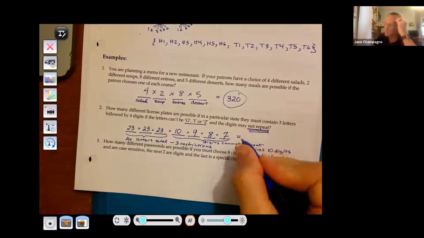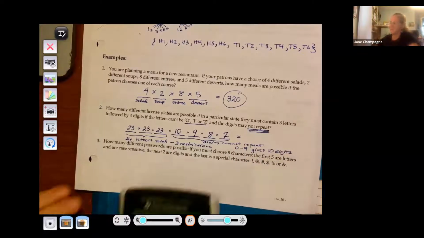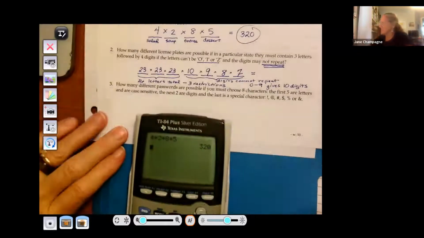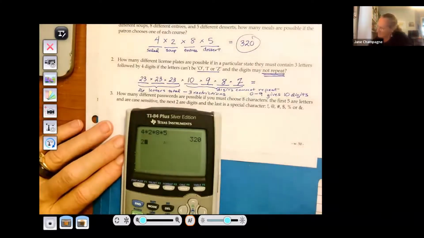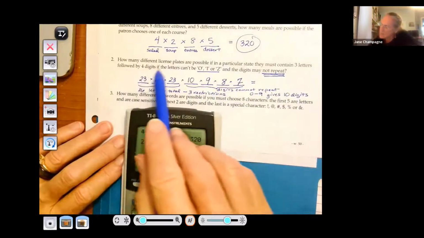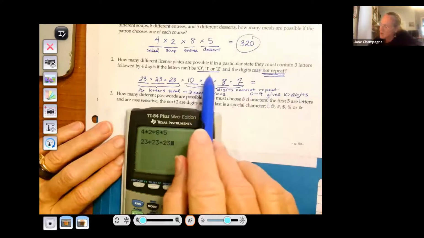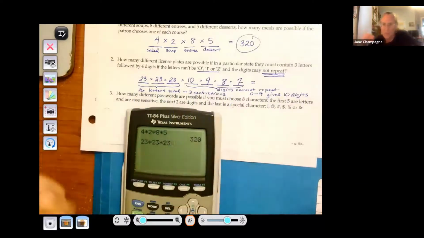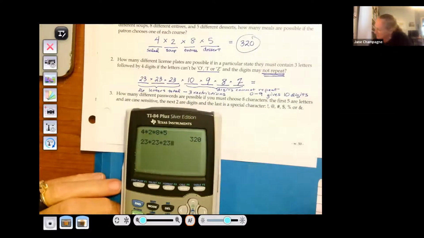Okay. So this is kind of an interesting state of affairs here. We've got 23, because they didn't say that you couldn't repeat the letters, right? They just said we can't use O, I, or Z. So we've got 23 choices for each letter. But then the digits can't repeat, so we go 10, then 9, then 8, then 7.